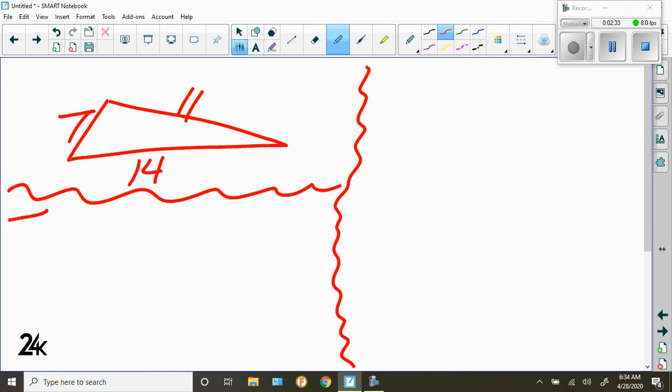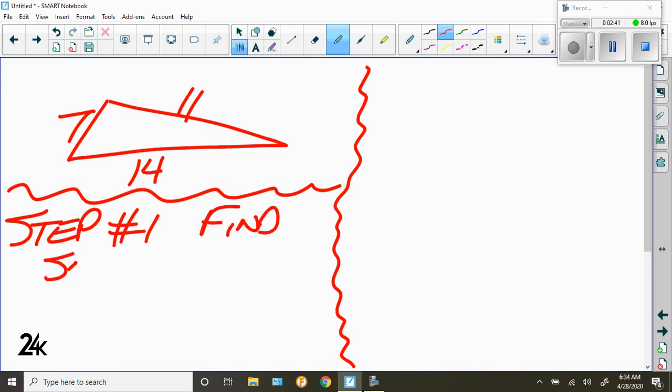Step 1. Find semi-perimeter. And semi-perimeter is just like semicircle. A semicircle is half a circle. A semi-perimeter is half the perimeter.